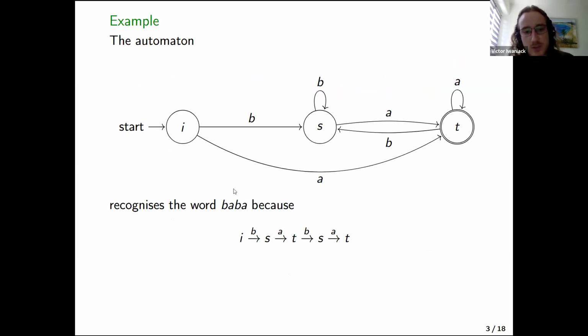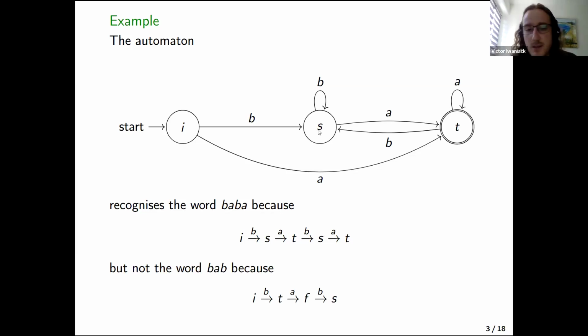For example, if you take the word Baba, you go from I to S with B, then S to T with A, T to S with B, and finally S to T with A. So you end up, on your unique possible path from I, in T, which is an accepting state. So the word would be accepted. This is the procedure. On the contrary, if you take Bab, for example, you end up in S, which is non-accepting. So the word is rejected.